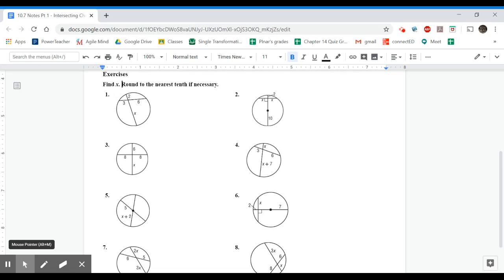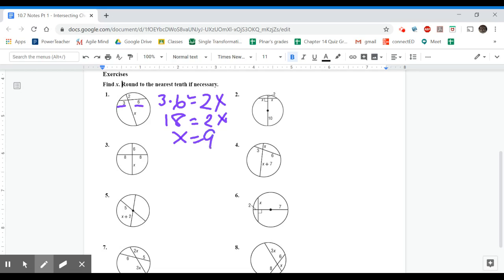We have to find x, and we're going to round to the nearest tenth if necessary. So number one, we would do 3 times 6, because these are the two pieces of that chord, equals 2 times x. And then when you solve it, 18 equals 2x, x is equal to 9.